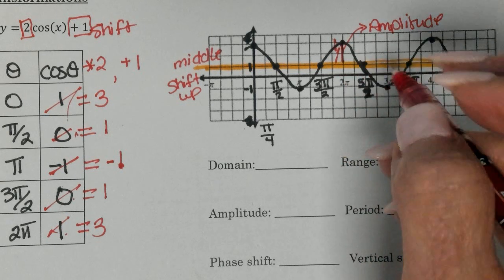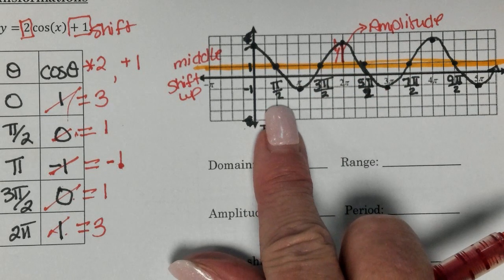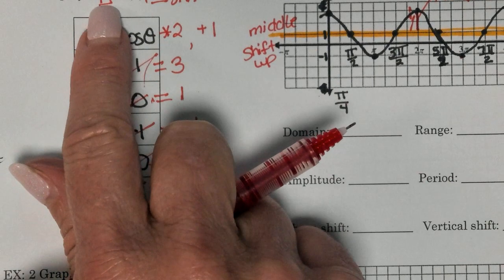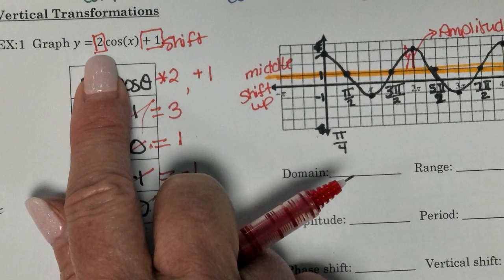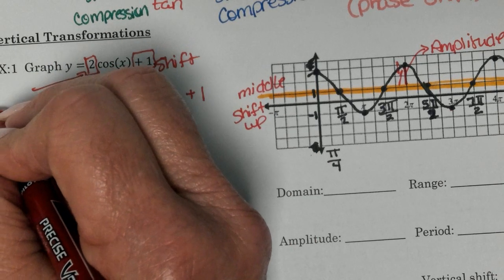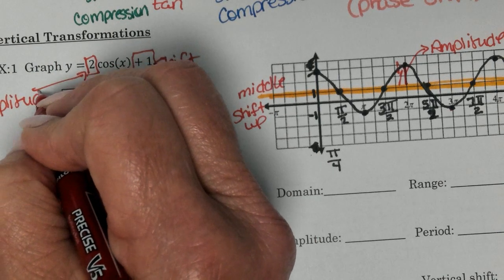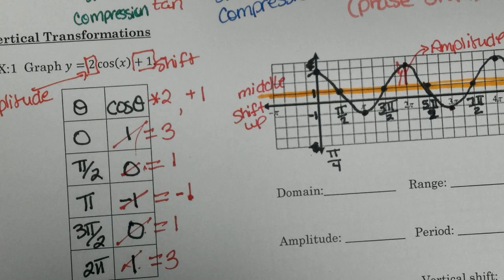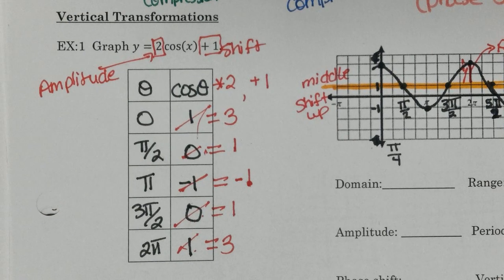The reason why it's stretched to 2 is because we had a vertical stretch right here. So that vertical stretch is your amplitude. Make a note of that, that vertical stretch is your amplitude.